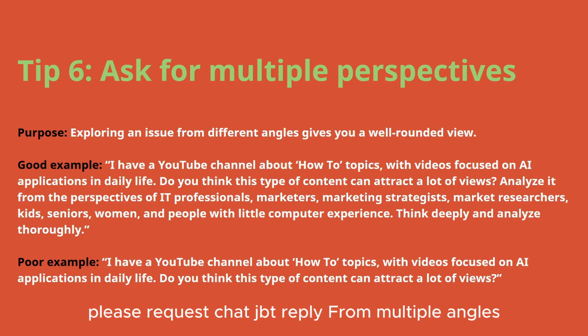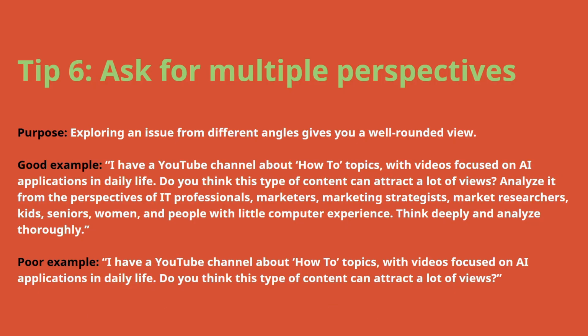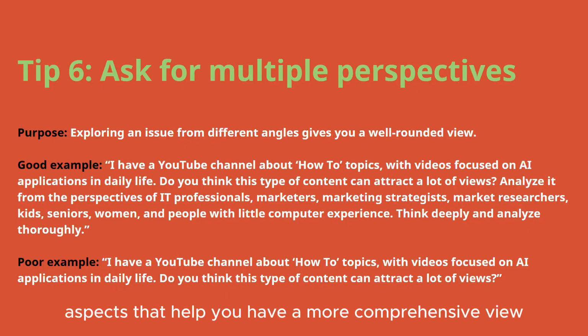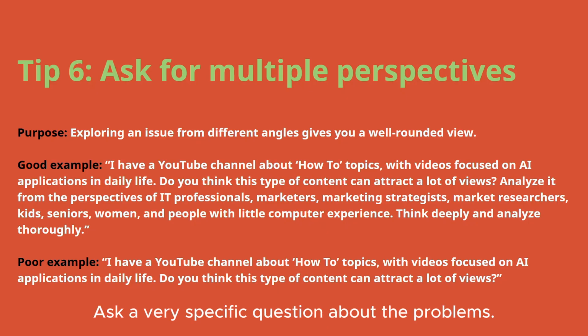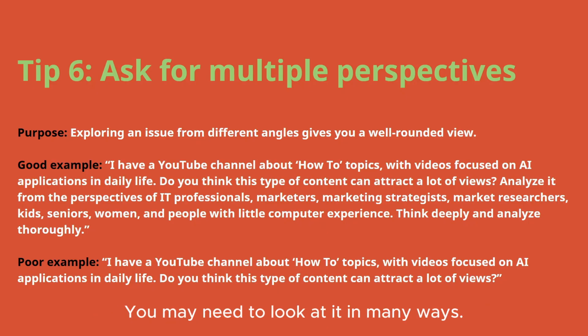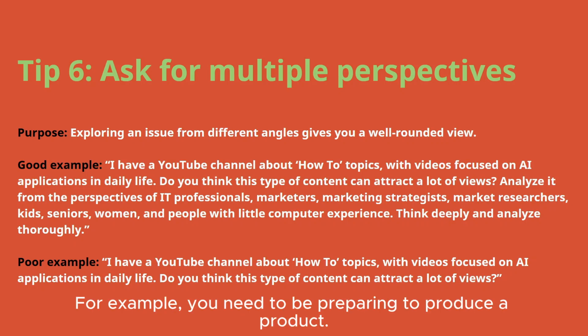Sixth, please request ChatGPT to reply from multiple angles. Consider the problem from many aspects, which helps you have a more comprehensive view. Instead of asking a very specific question about the problem, you may need to look at it in many ways, so let ChatGPT work in many ways. For example, you are preparing to produce a product.